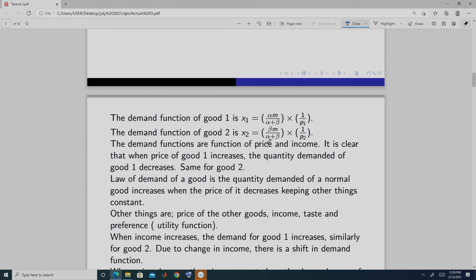So now based on this we get this as the demand function of good 1, and this is the demand function of good 2.